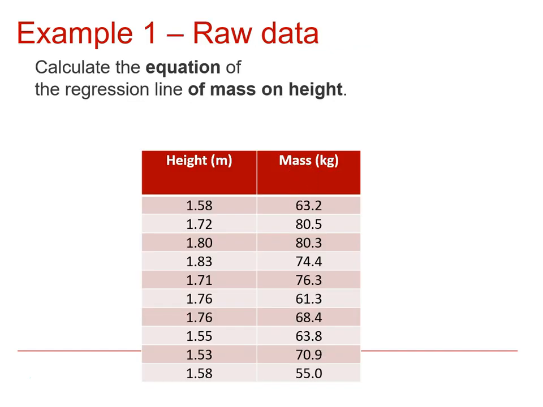If we have a sample of students with their height and mass recorded, and we're asked to calculate the equation of the regression line of mass on height, that means we want to make our mass the y and our height the x. Pop that in our calculator, the stats function on the calculator, check your calculator manual for how to do that.